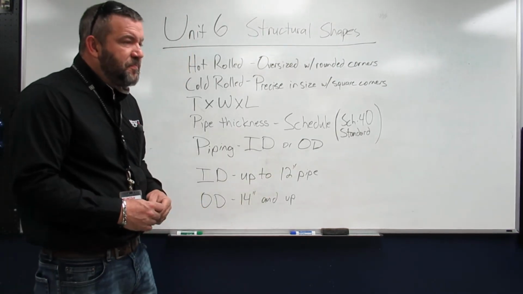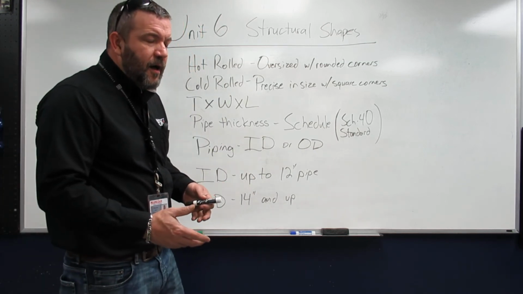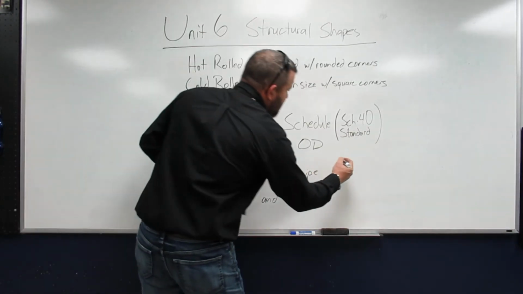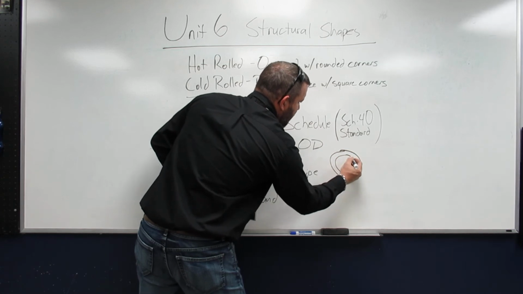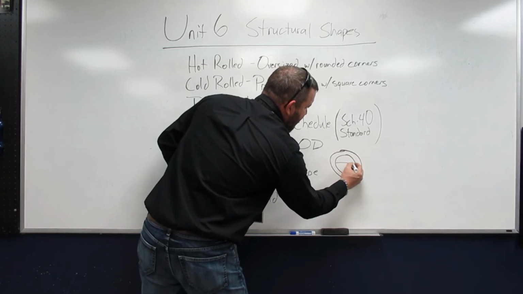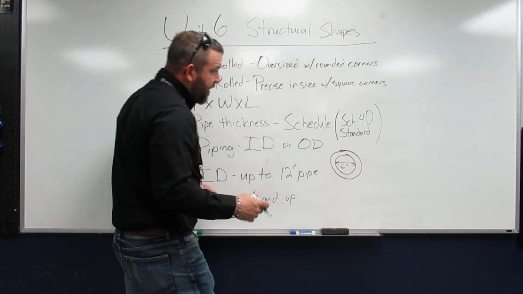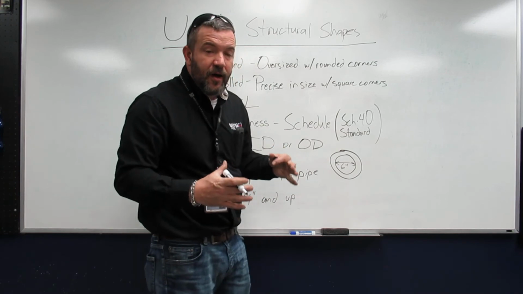Now with piping, if I ordered a piece of 6-inch schedule 40, the size specification goes by the inside. Let me draw that pipe again. It goes by inside diameter, so this is going to be 6 inches. And depending on the schedule or thickness of the walls, it'll give me a different OD.